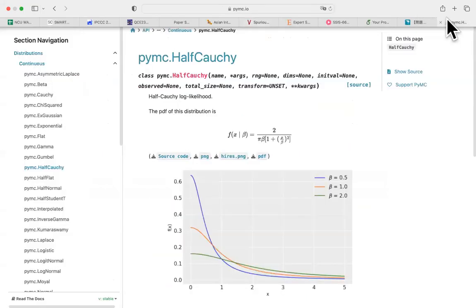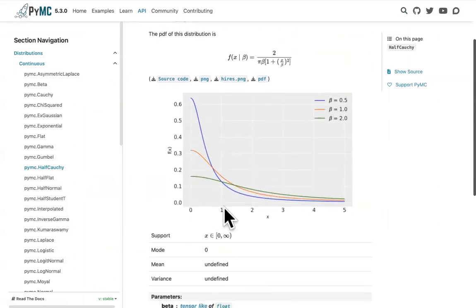So this is the half Gaussian distribution, and as you can see, the beta controls this half Gaussian distribution. You can see from 0.5, this line, to the middle one, the red line, which is beta equal to 1.0, to beta 2.0.